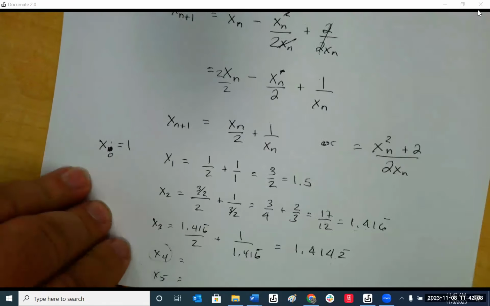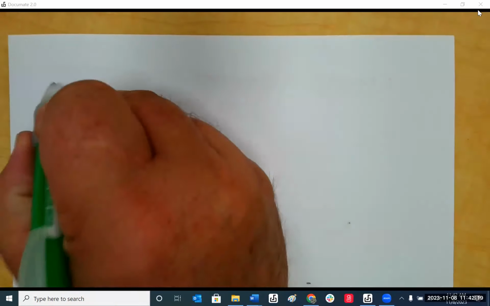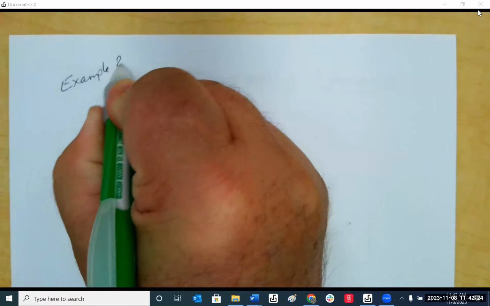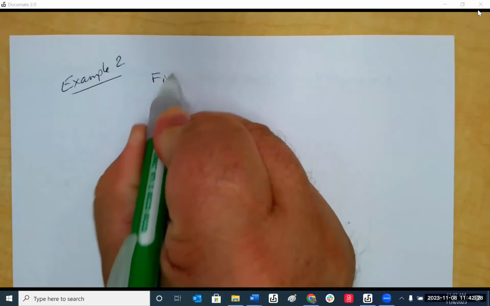All right. So let me look for example 2. Where's example 2? There it is. Okay.